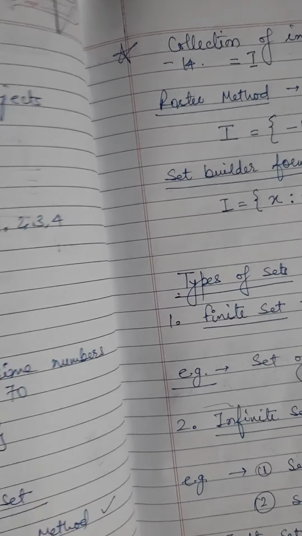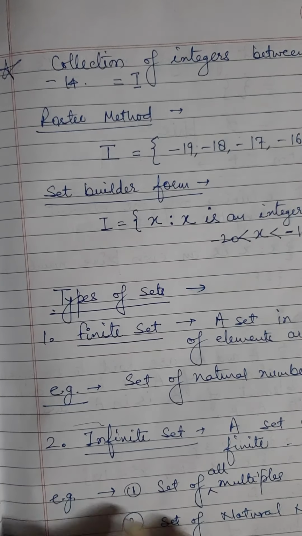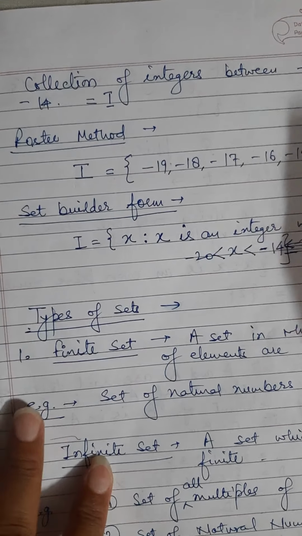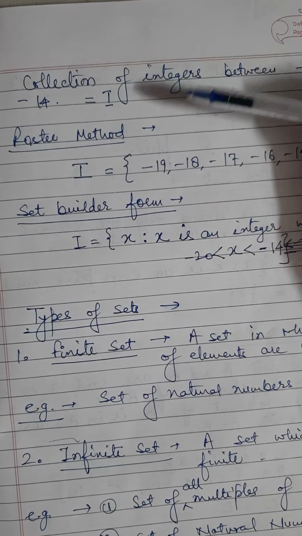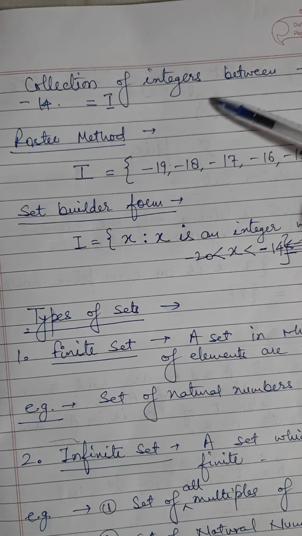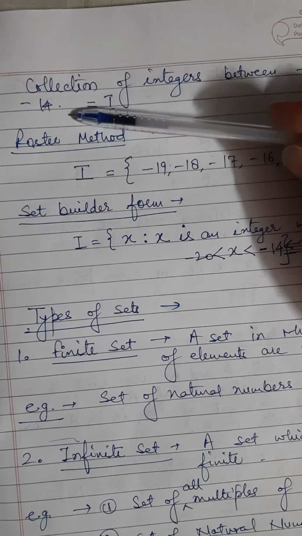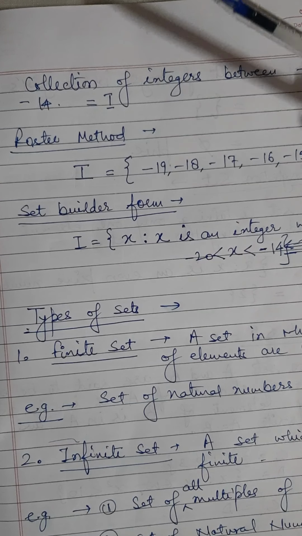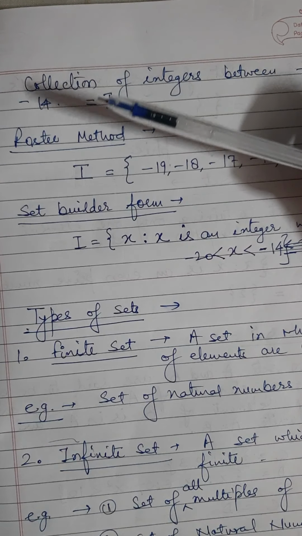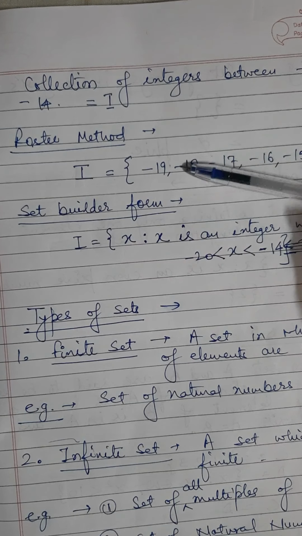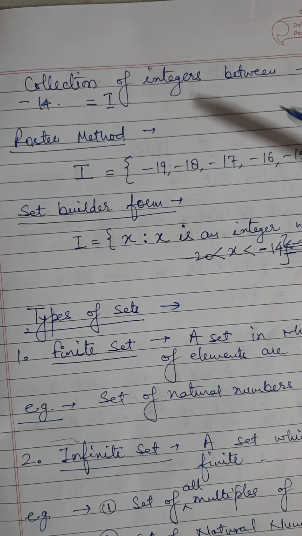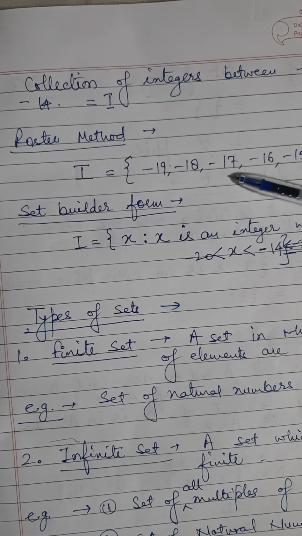Now see, if we have to make a set as a collection of integers between -20 and -14, and we have to write this collection through roster method, we will write it like this: -19, -18, -17, -16 and -15.